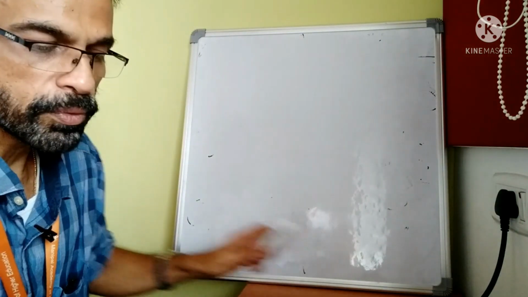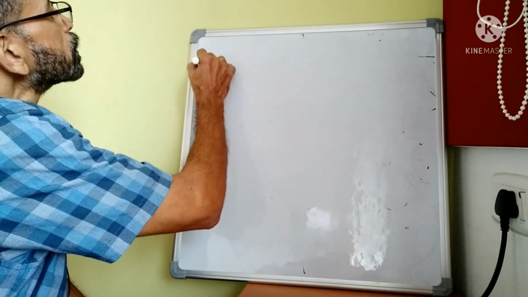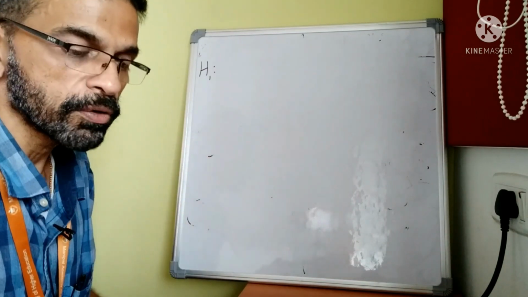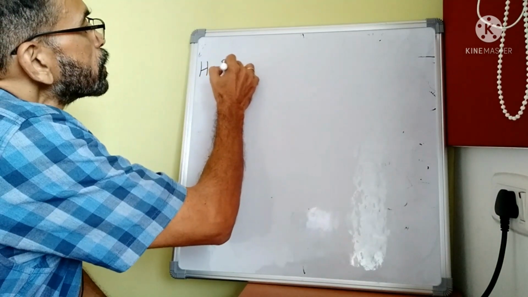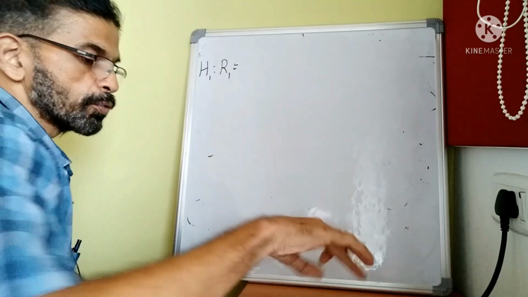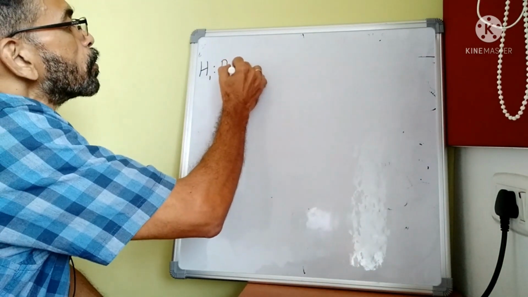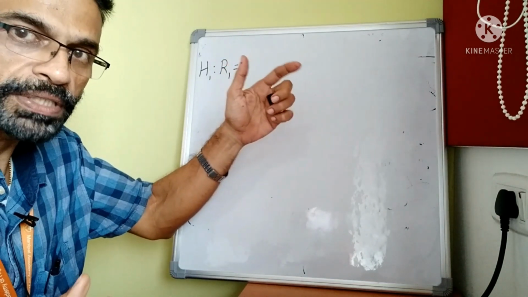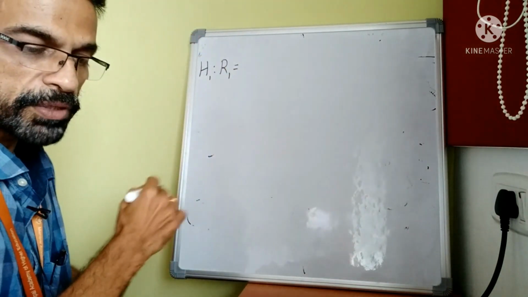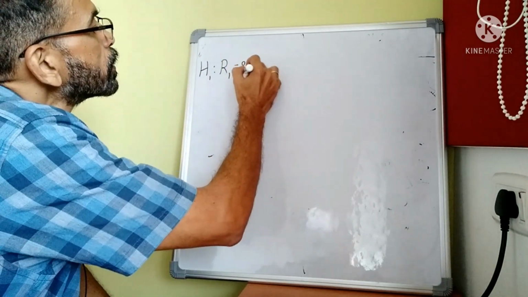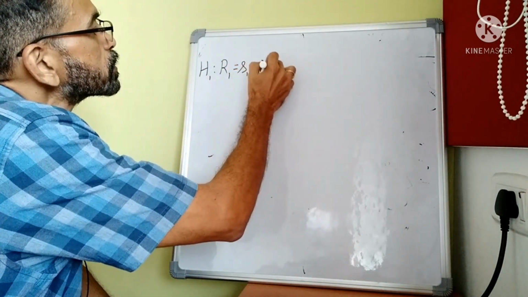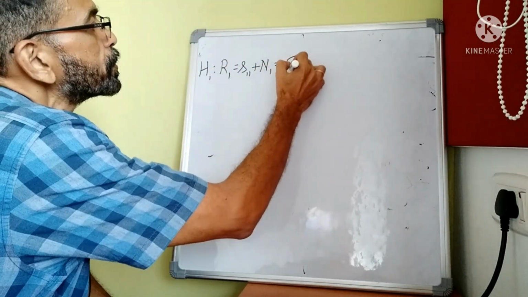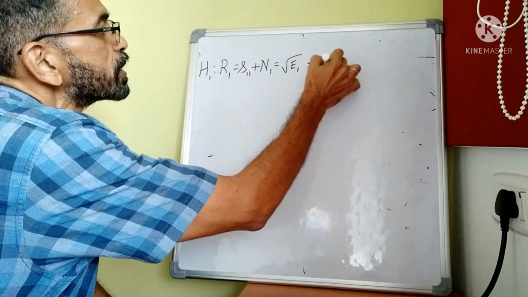And now we can write, when H1 is the true hypothesis, R1 will be equal to, remember R1, R2, R3 like that, we get a random vector. What we receive is a random vector. So R1 will be equal to S11 plus N1, which is nothing but root E1 plus N1.